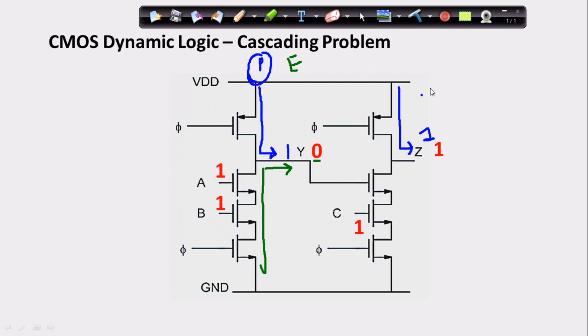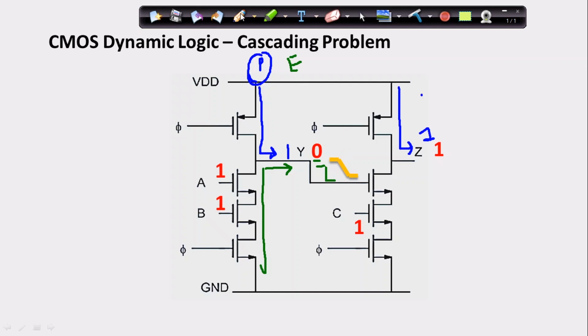But this logic 0 that I was supposed to get does not go like this. This is not the scenario over here. It takes some time to switch from logic 1 to logic 0. This is the problem we are having here.